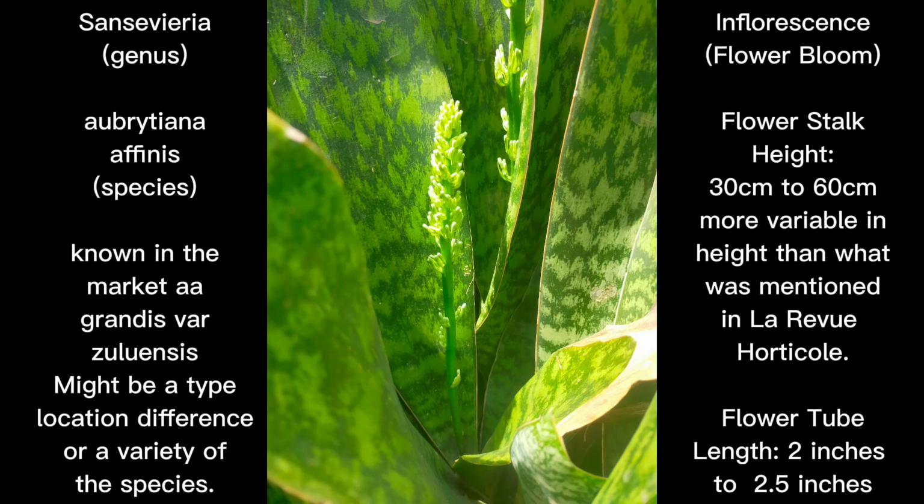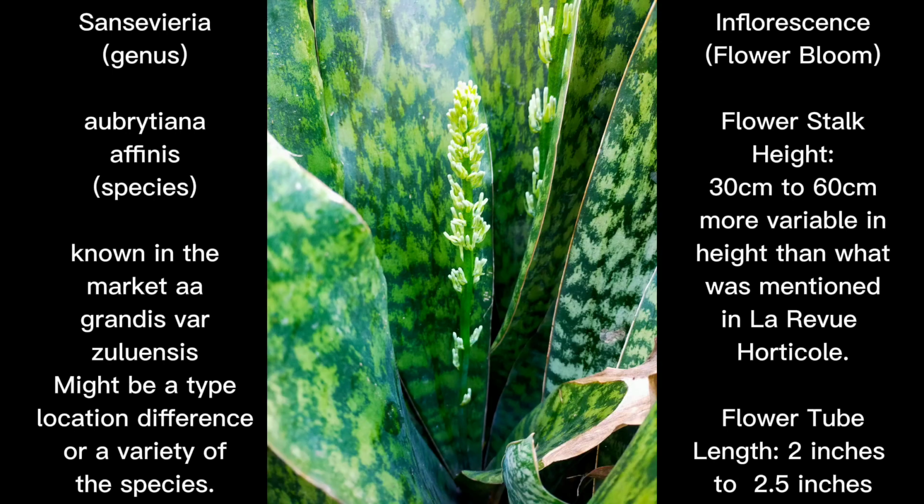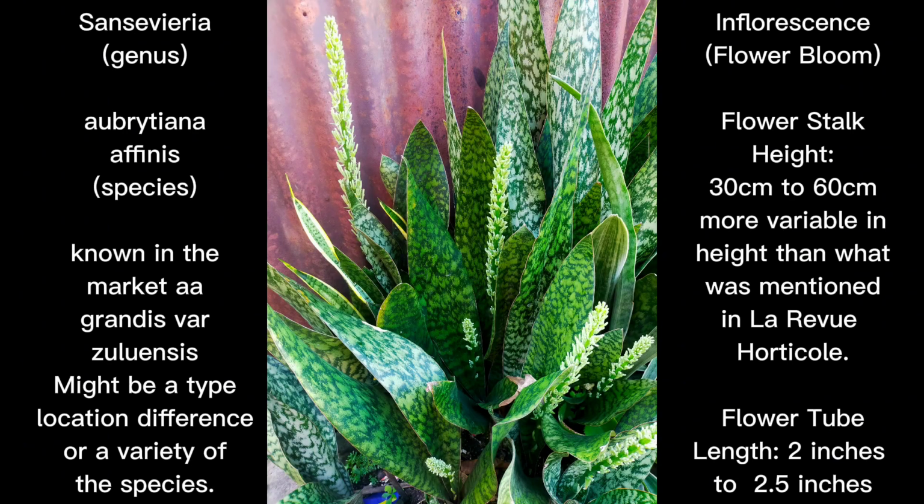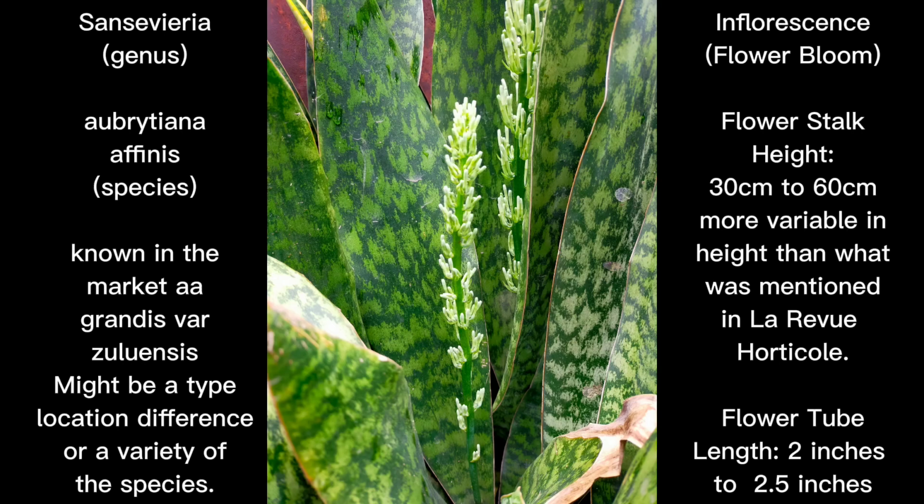This is how it looks like right now. There are multiple flower stalks that are simultaneously growing on this particular so-called grandis variety zuluensis, which I think is a variety, or perhaps also an aubrytiana species that just differs with regards to type location.